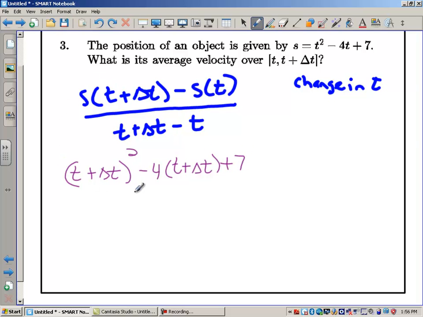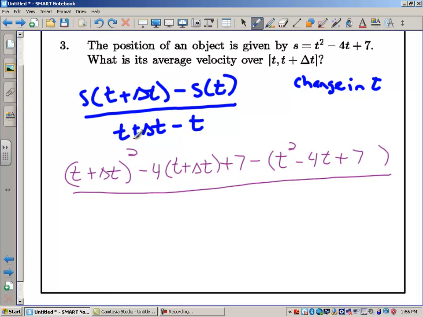There is s of t plus delta t. And then we're going to do minus, and you better do parentheses here because it's really easy to not distribute that and make a mistake, minus s of t. Well, here is s of t. T squared minus 4t plus 7. And that's all over t plus delta t minus t. Those t's are going to cancel, and I'll just have delta t down here.